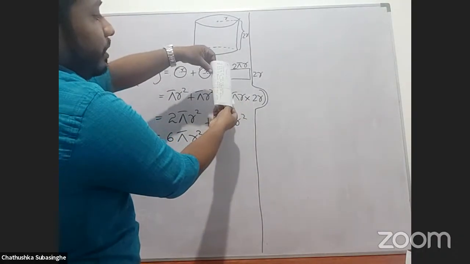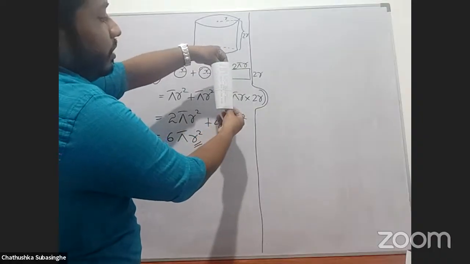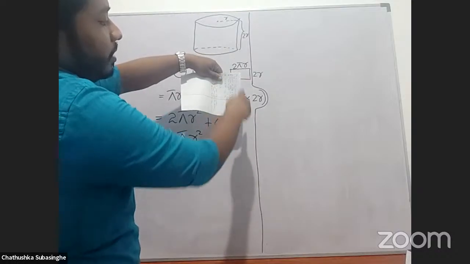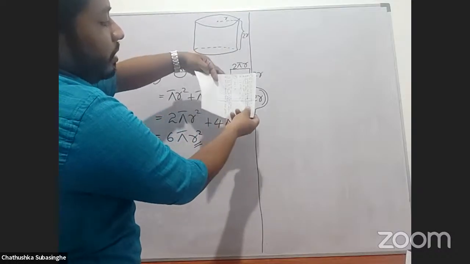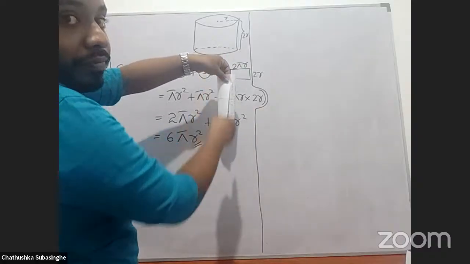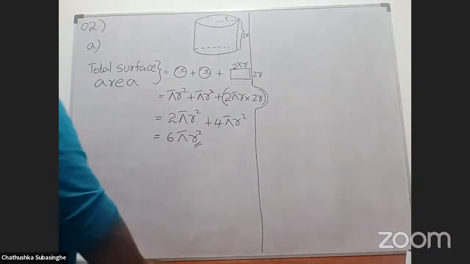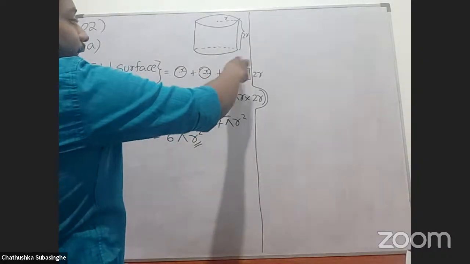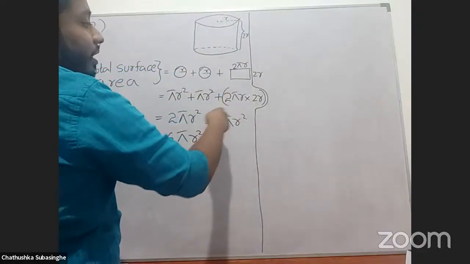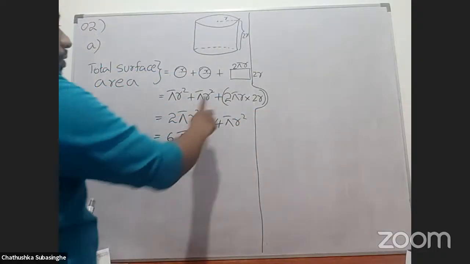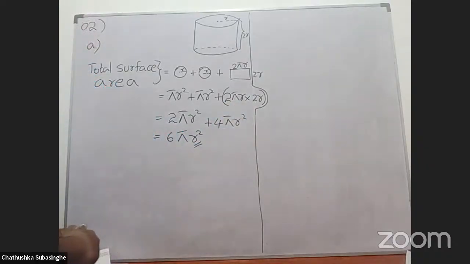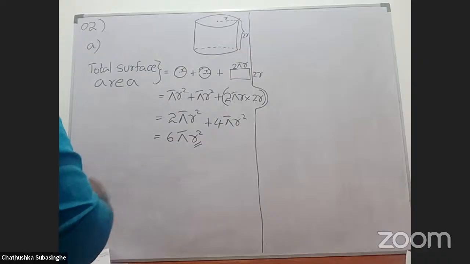When I roll it like this, the breadth becomes the height of the cylinder. So in this rectangle, the length is the circumference of the circle, and the breadth is the height. So 2 pi r into what? 2 times 2 is 4, pi r times r is pi r squared. So it is 6 pi r squared.